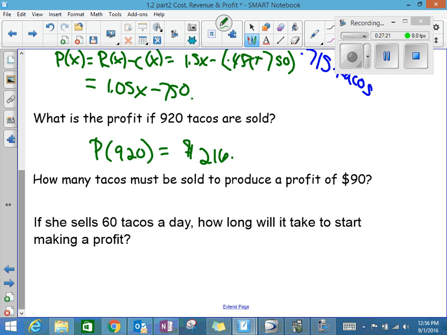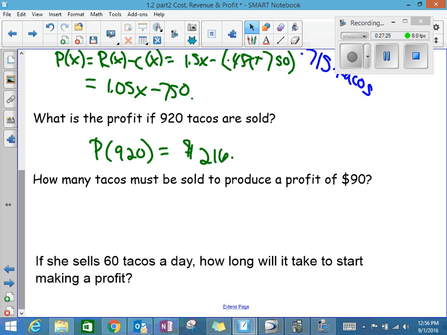How many tacos must be sold to produce a profit of $90? How do we set that up? Sarah, what do we do with the 90? Right, we set the profit equation equal to 90.